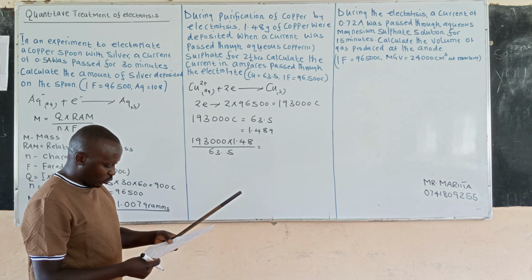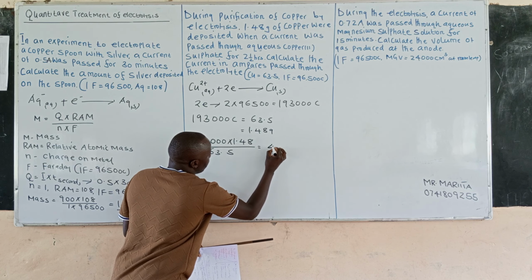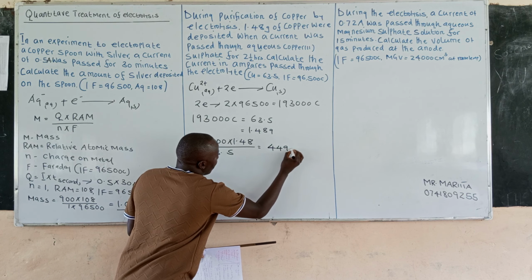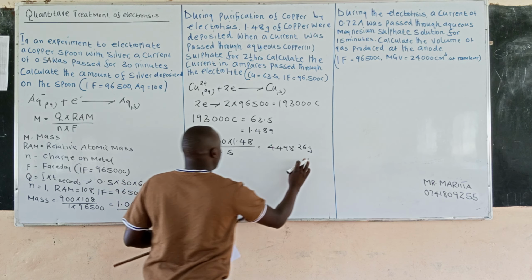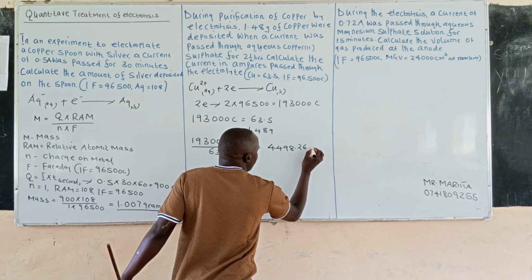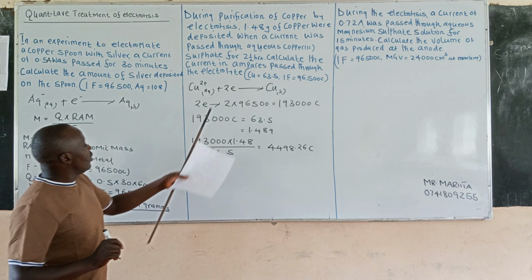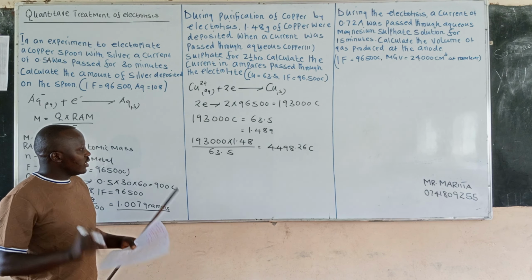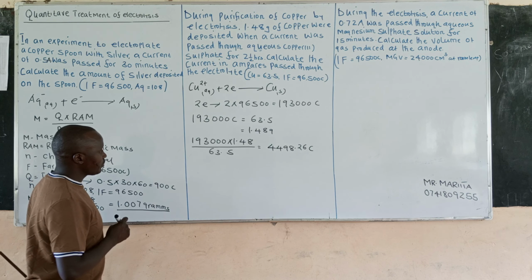If you calculate that, it will give us 4498.26 coulombs. So this is the amount of electricity required to deposit the copper.